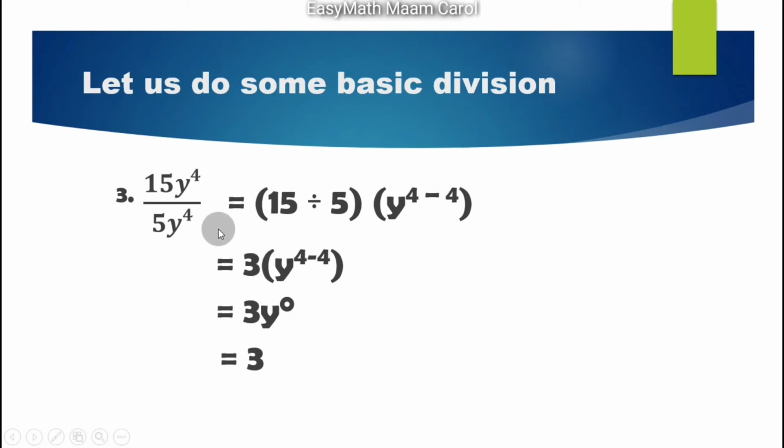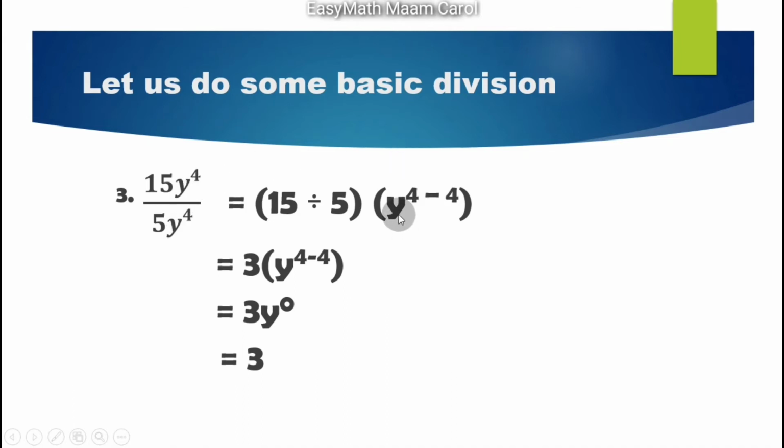So, for our third example, we have 15y to the 4th divided by 5y to the 4th power. So, just divide again the coefficient. 15 divided by 5, the answer for that is 3. Ngayon, dito naman sa exponential natin, take note, pareho sila ng exponent, numerator and denominator.